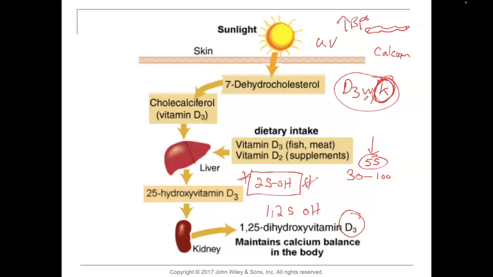In order to know how much vitamin D you need to take, it really depends on your blood levels. You can see that they sell it typically in like 1,000 international units or 2,000 international units.